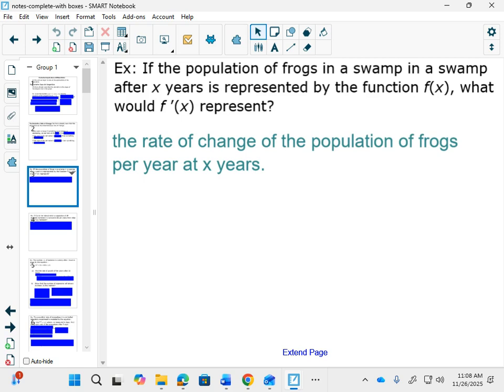So you would be finding the rate of change of population of frogs per year at whatever year you found. So you could be like, wow, at this year it was really increasing a lot. What happened that year? Oh, that was the mosquito year as well. So they must have had lots of food. Something like that. You could make those kind of inferences from those equations.